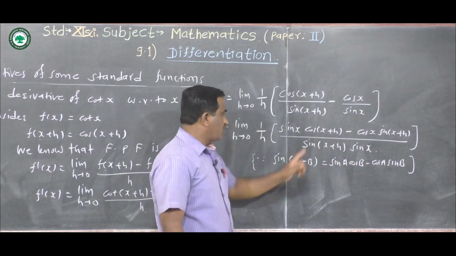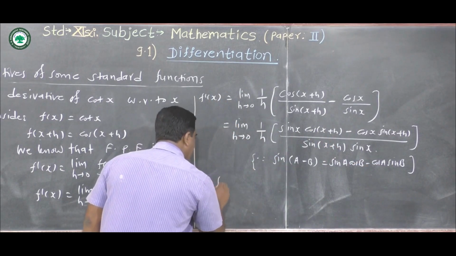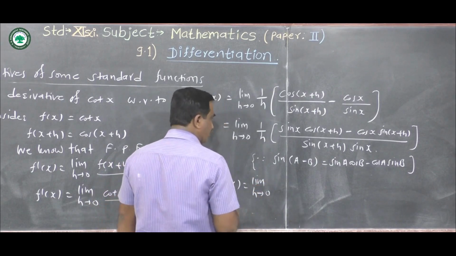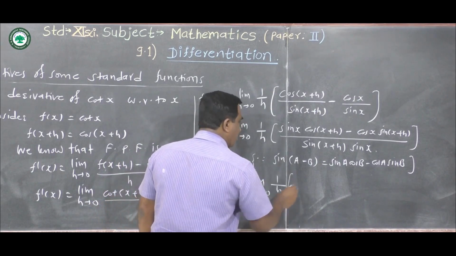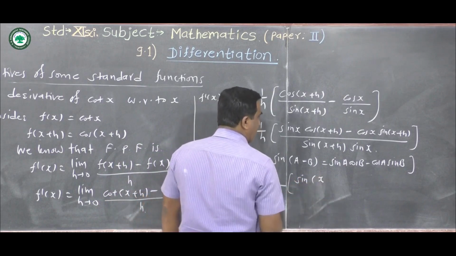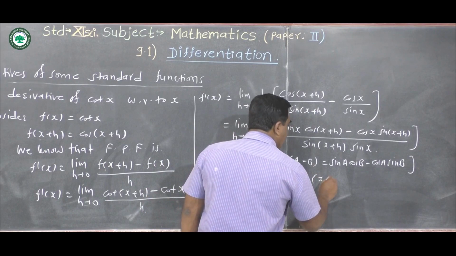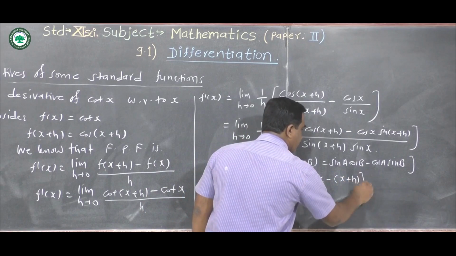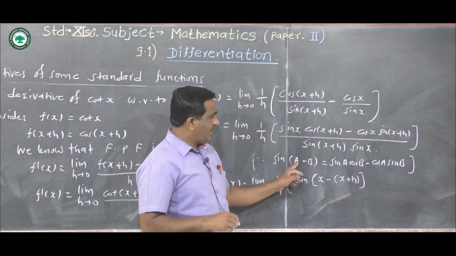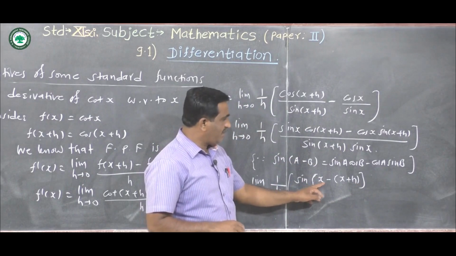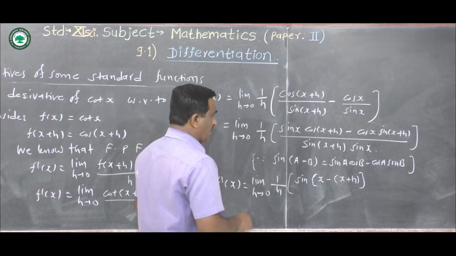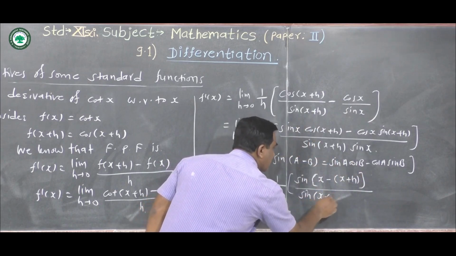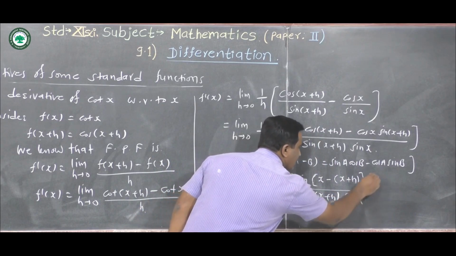Therefore we can write the value of this numerator using this formula, f dash of x equal to limit h tends to 0, 1 upon h into sin of x minus in bracket x plus h, that is sin a minus b, where a means x and b means x plus h, upon this term as it is, sin of x plus h into sin x.